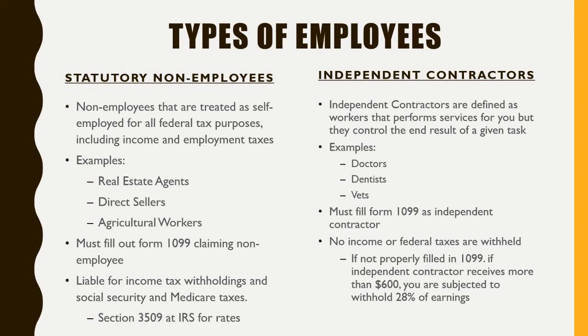In this case, a great example is going to be a real estate agent, right? Because we talked about how we determine the difference between our employees. It's based on how much you can control them. A real estate agent doesn't require them to have to be in the office every single day from 9 to 5, right?